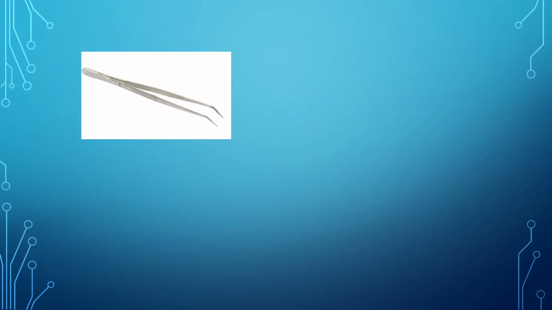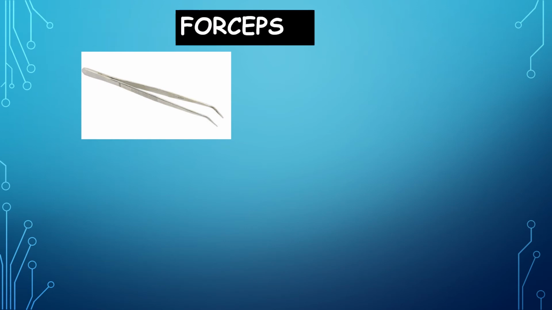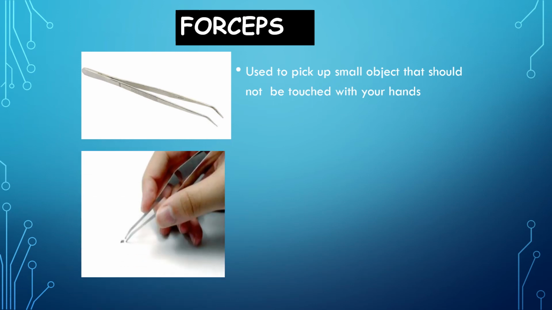This one, what's the name? It is forceps. The forceps is used to pick up a small object that should not be touched with your hands. So if the chemical is dangerous to your skin, then you're going to use these forceps, so use the forceps instead of your hands.